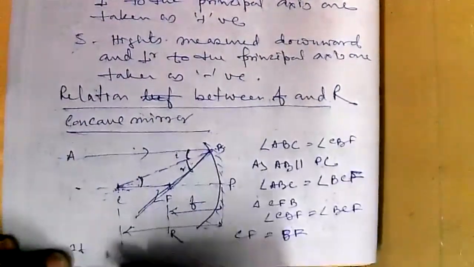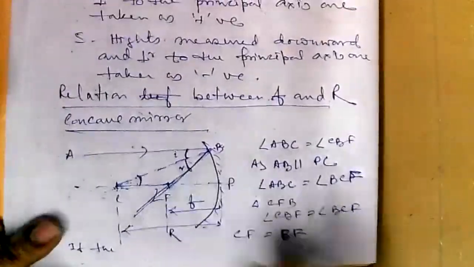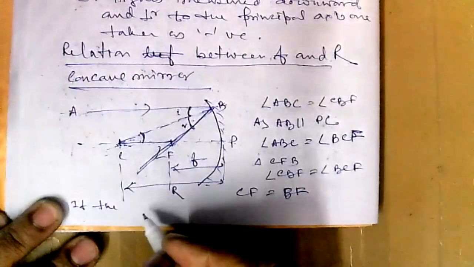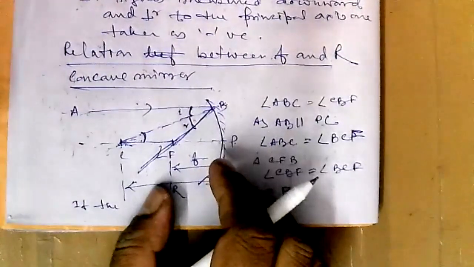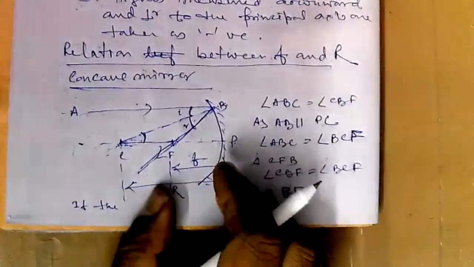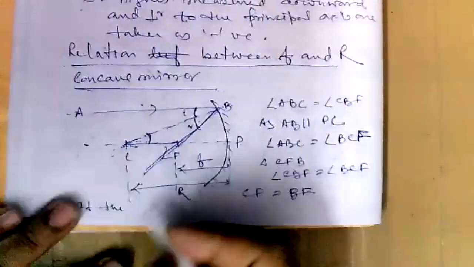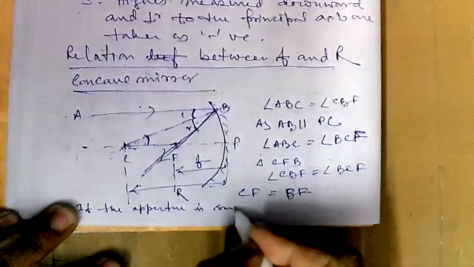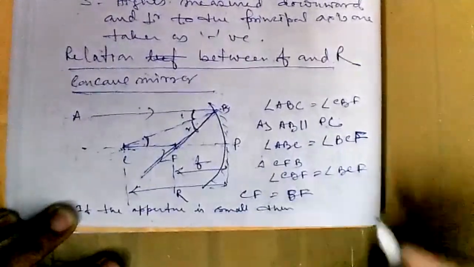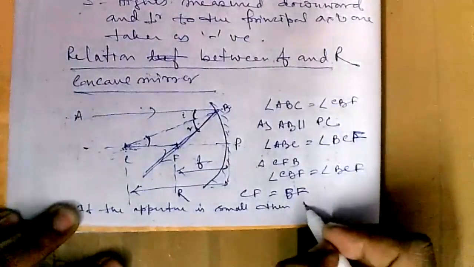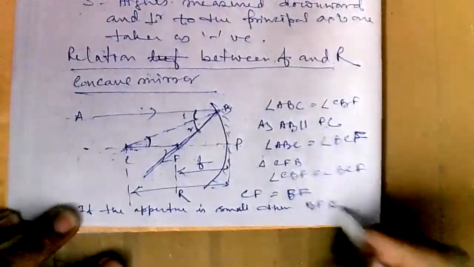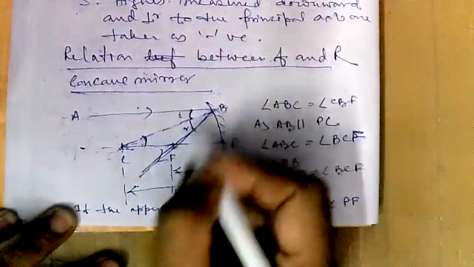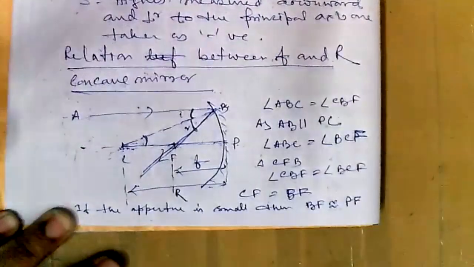Now, if the aperture is small, that means if this curvature is small, then BF is nearly equal to PF. BF and PF are very close to each other.